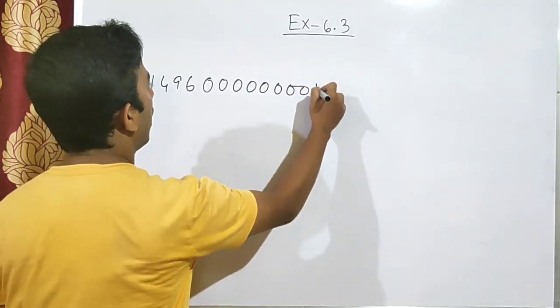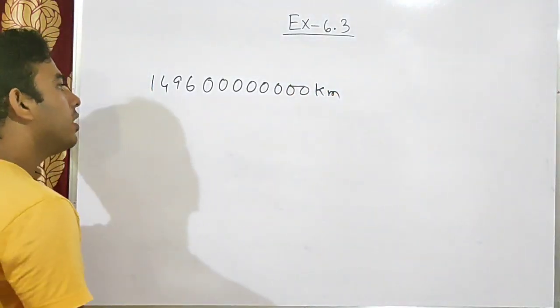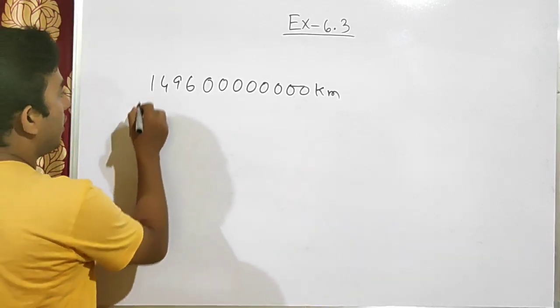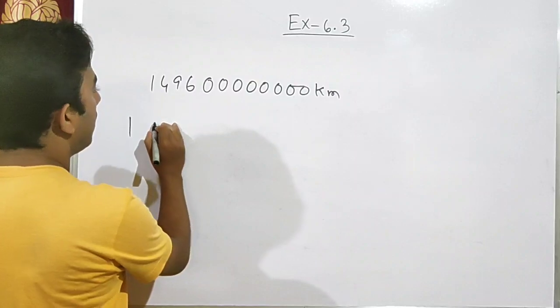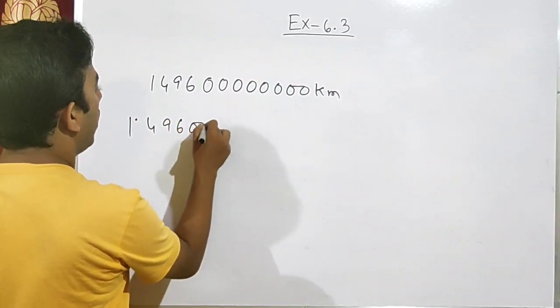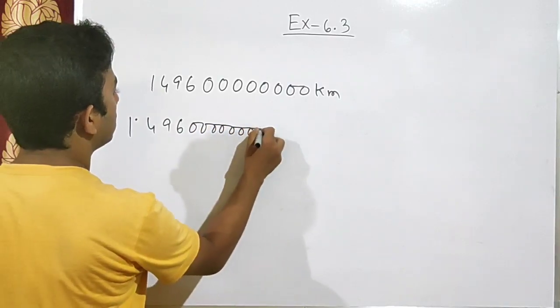This is the distance between the earth and the sun. So we have to express it in the standard form. How to express? From the left-hand side, after one digit we will put the decimal, then we will write the number 1 2 3 4 5 6 7 8.